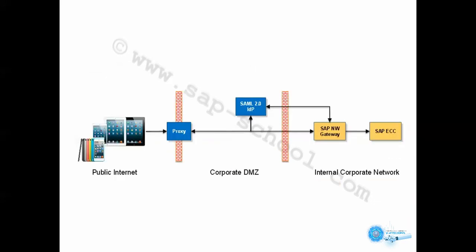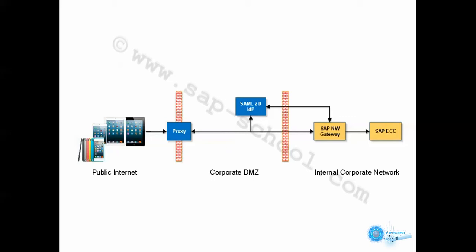So basically, in the first step, my client is sending an unauthorized access request to the proxy. Now, the proxy will rewrite this URL to its internal equivalent and forward this request to my SAP NetWeaver gateway. As we can see in the picture below, the proxy is forwarding the rewritten URL to the SAP NetWeaver gateway.